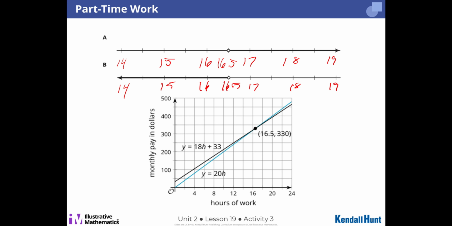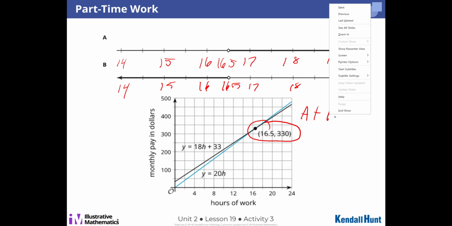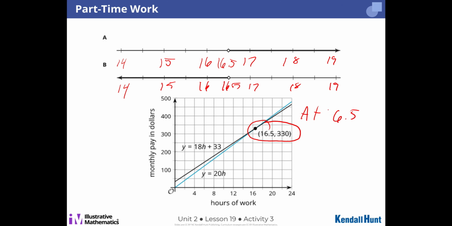So that's when we make equals. So what we're looking at here in this graph is when they're equals. So at 16.5 hours, the pay is equal at $330.